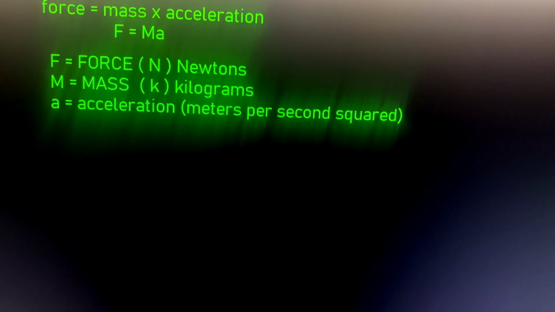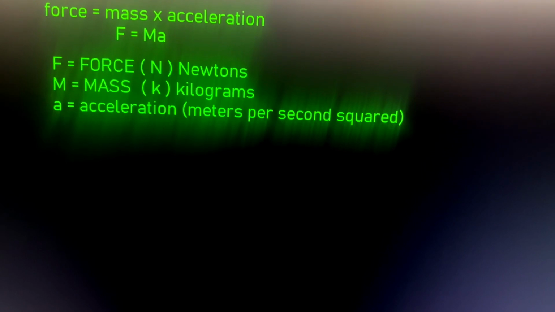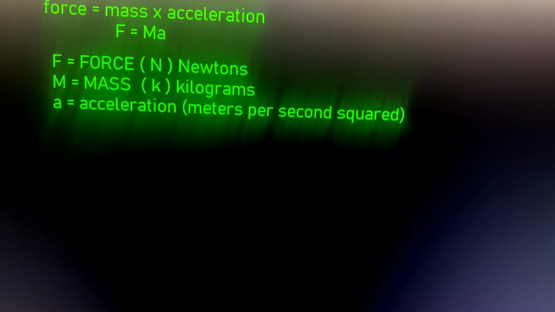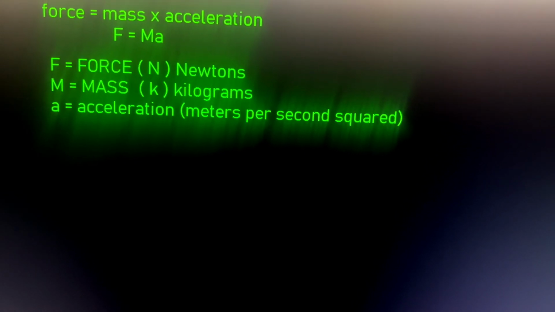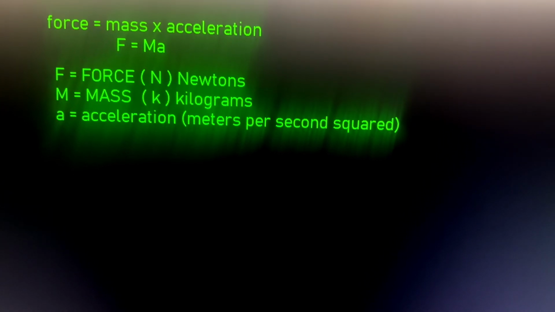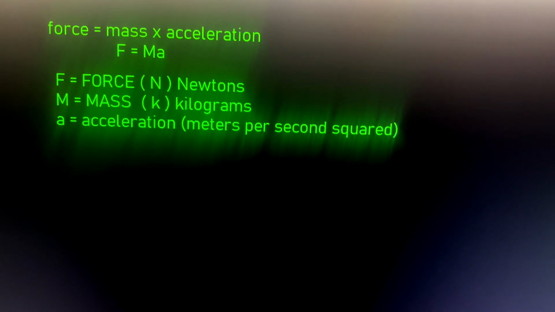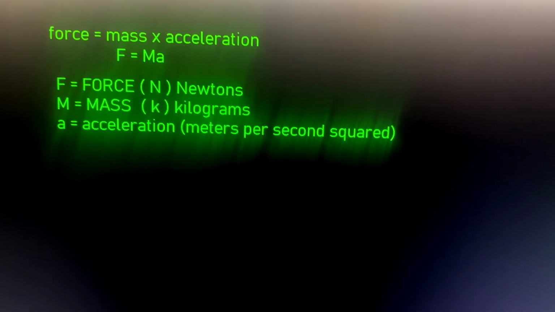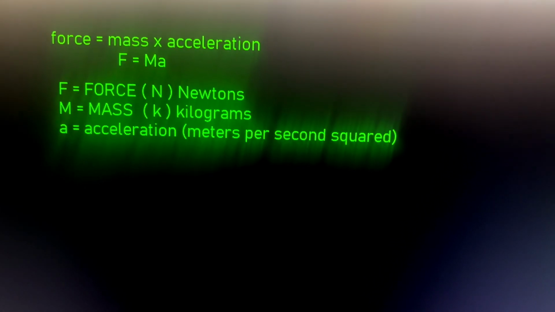So Newton's second law is force equals mass times acceleration, or F equals ma. Force, represented by F, is measured in newtons, which is N. Mass is measured in kilograms, which is represented by kg. And acceleration is represented by the letter a, which is in meters per second squared.